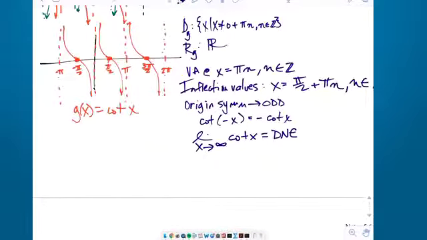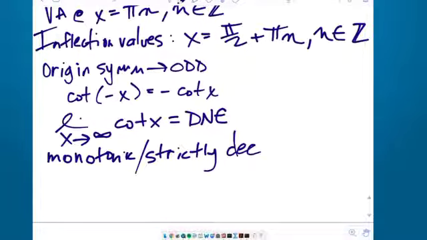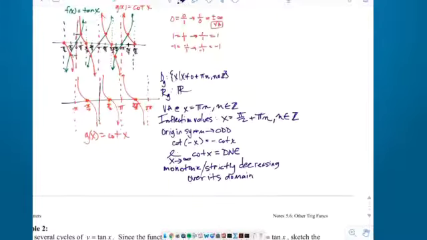Monotonic, is it monotonic? Yeah, it's monotonic what? Or strictly what? Decreasing over its domain, which is not all real numbers, so it's not 1 to 1.